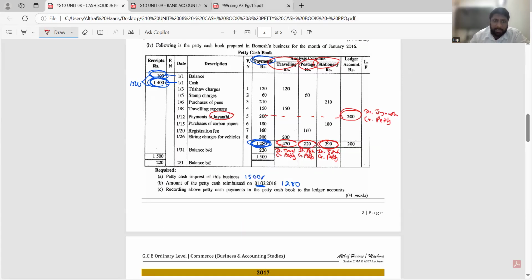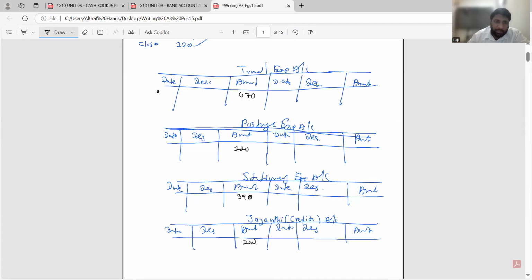Yes, then 31st January, 31st January, 31st January, 31st January. Everything other account: petty cash.